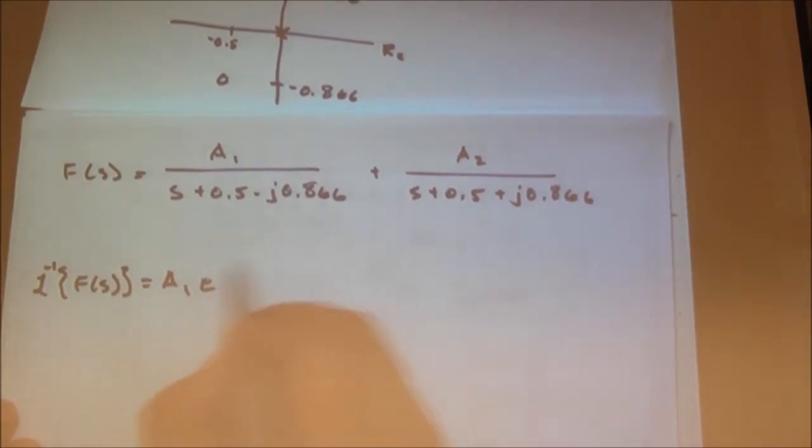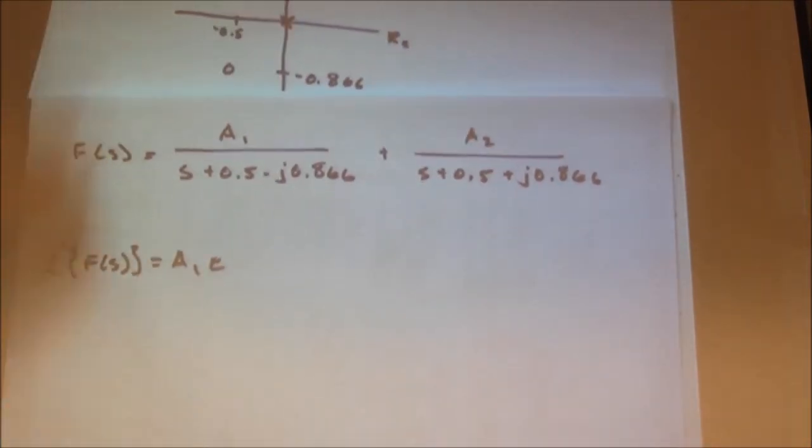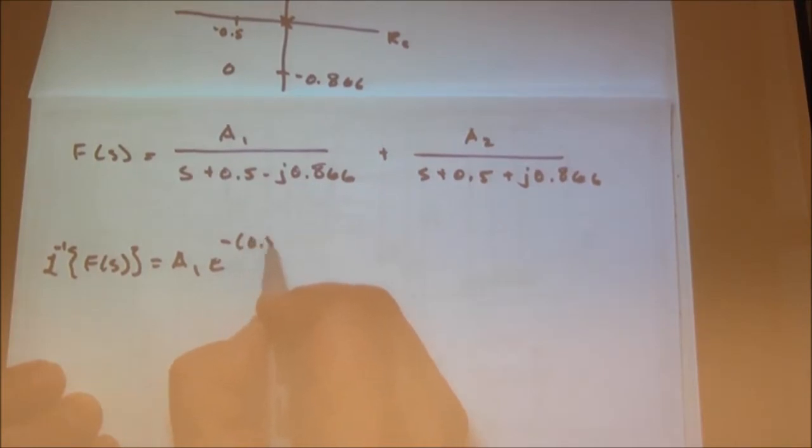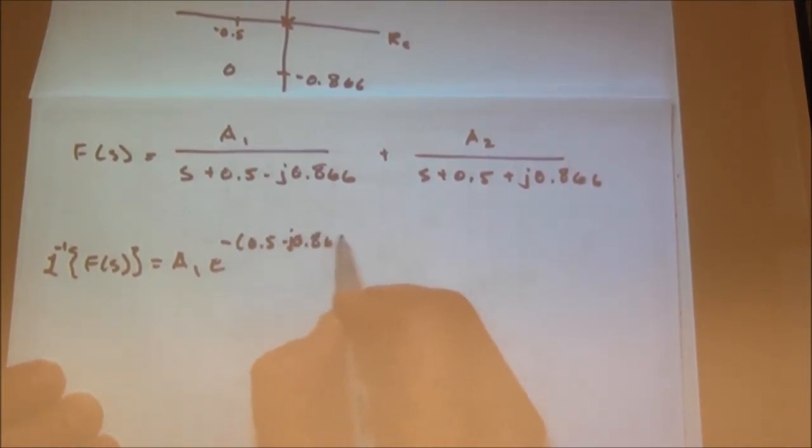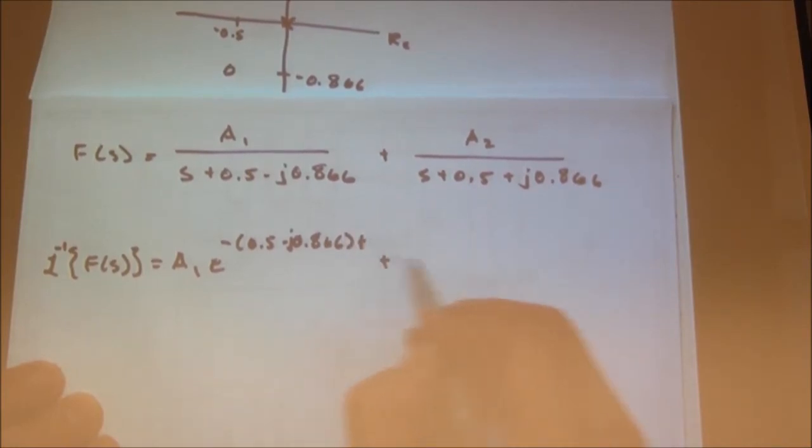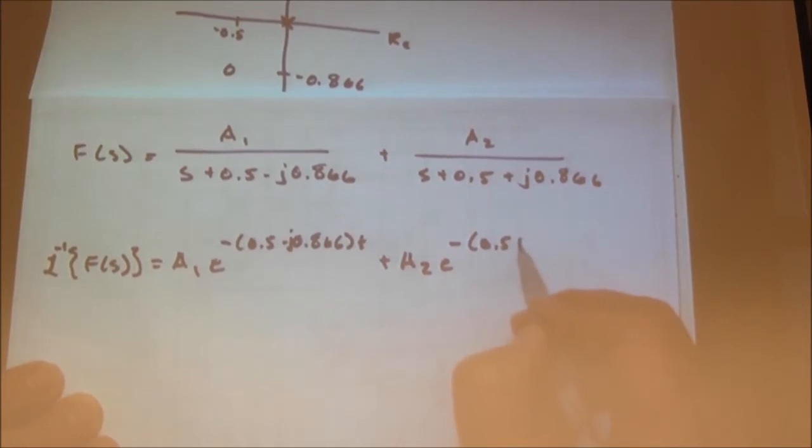Complex number is a valid number. So the inverse Laplace transform of F of s just winds up being a1 e to the minus 0.5 minus j 0.866 t plus a2 e to the minus 0.5 plus j 0.866 t.